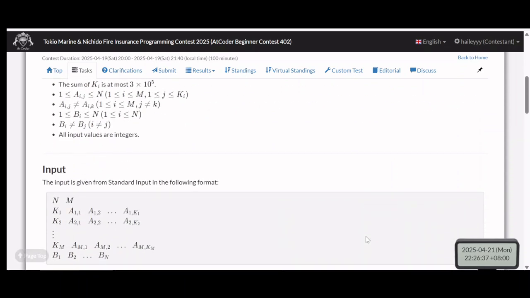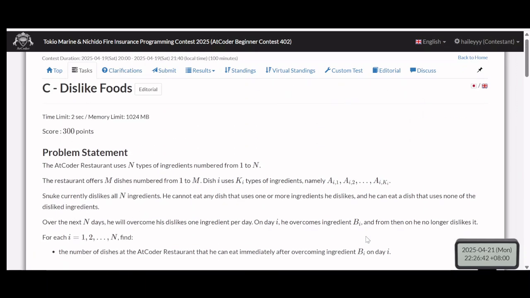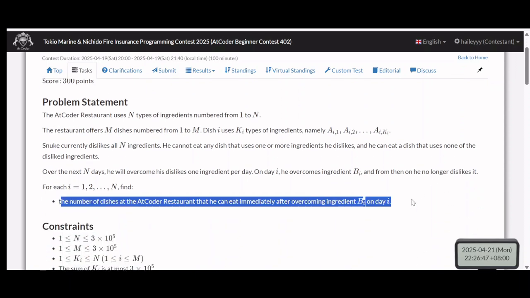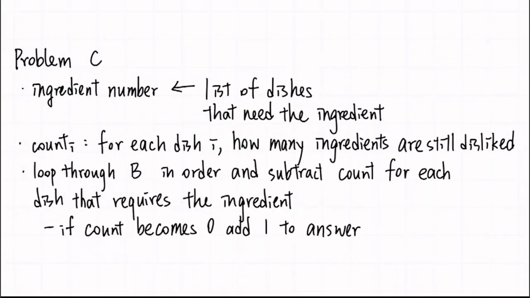And we need to output the number of dishes that can be eaten after he overcomes his dislike of ingredient B_i, for each i from 1 to n. This can be done by storing a map of the ingredient number to the list of dishes that need the ingredient.